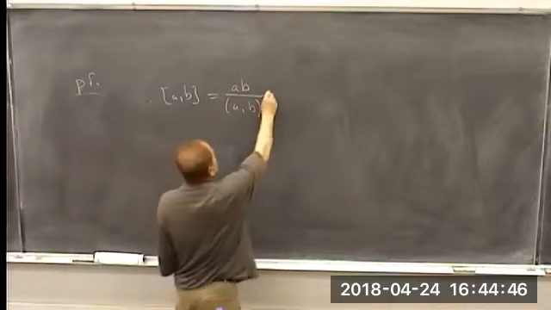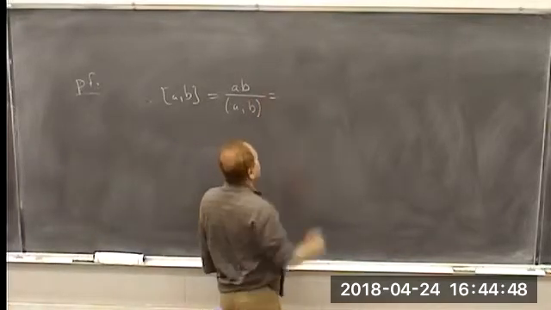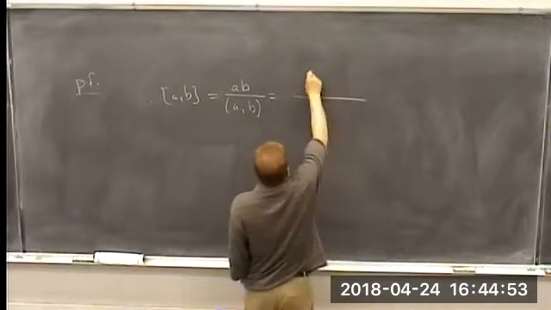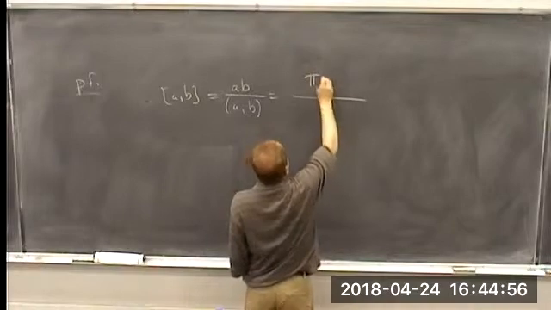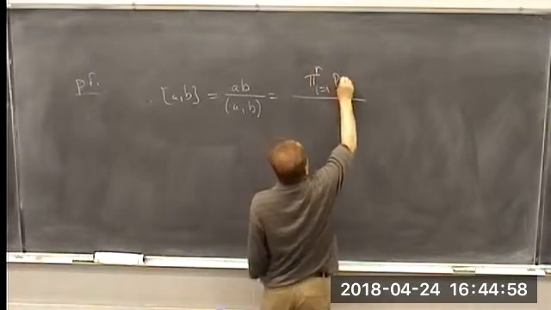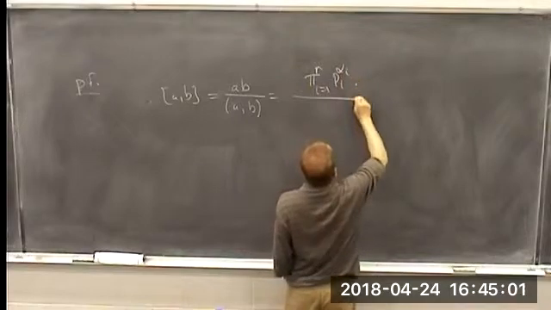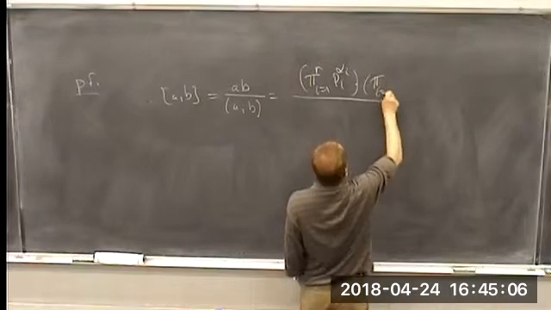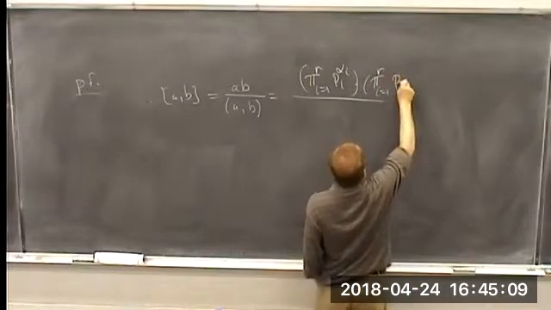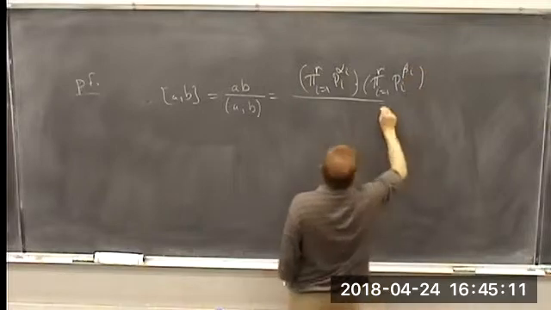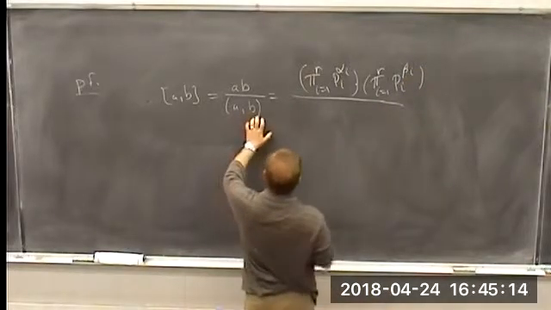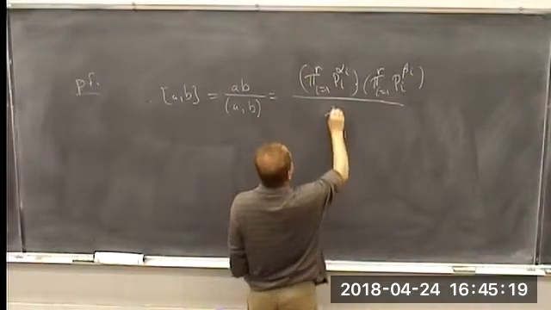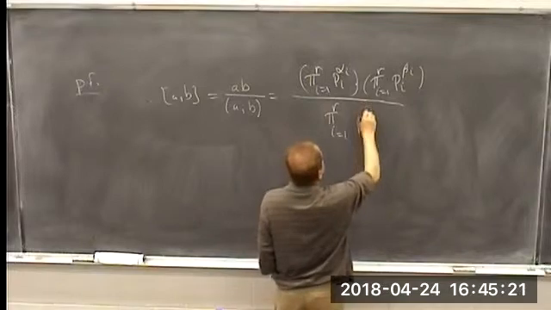So this is equal to, when I multiply these together, the product of p_i to the alpha_i times the product of p_i to the beta_i, for i equal 1 to r. Now we're going to divide this by the greatest common divisor, which we now know is the product of p_i to the minimum.